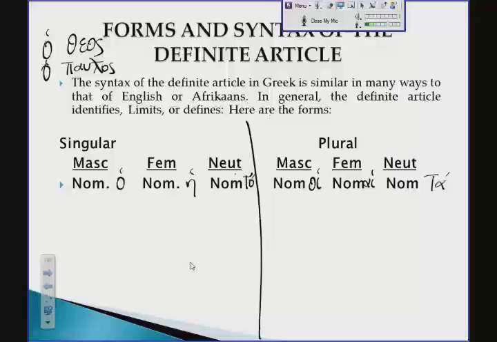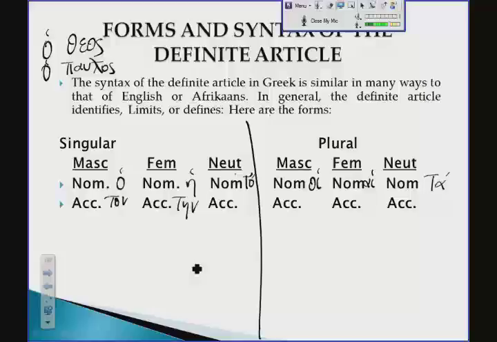Let's see the accusative. Then you have your ton logon. All right? Ton logon. And then the feminine will be ten.